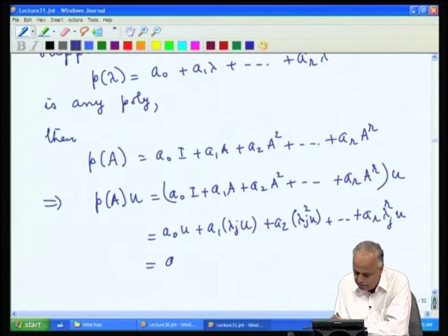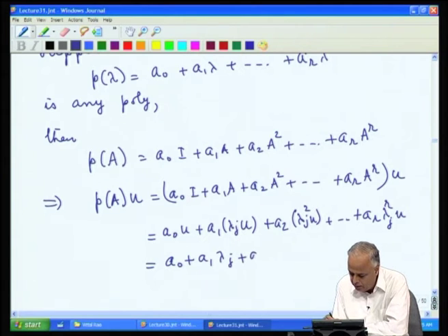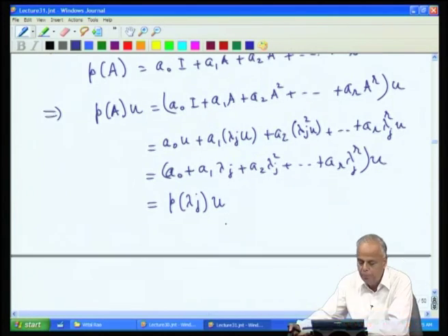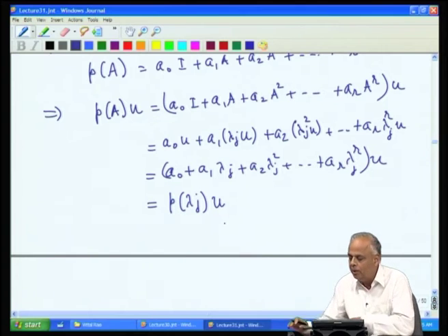We see that this can be written as A naught plus A 1 lambda j plus A 2 lambda j squared plus A r lambda j power r into u, and what is in the bracket is nothing but the polynomial p evaluated at the point lambda j. So, P A of u is P lambda j of u.